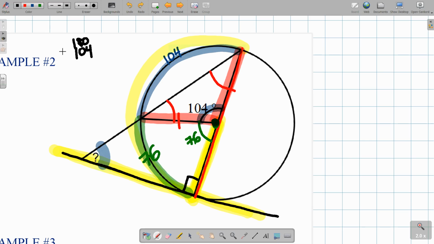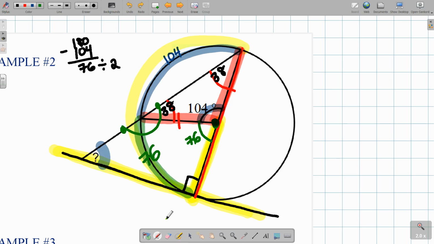So we're going to do 180 minus 104, and divide by 2. You should be getting 38 for both of these. Alrighty, put 2 little dots right there. I'd like you to physically sweep.